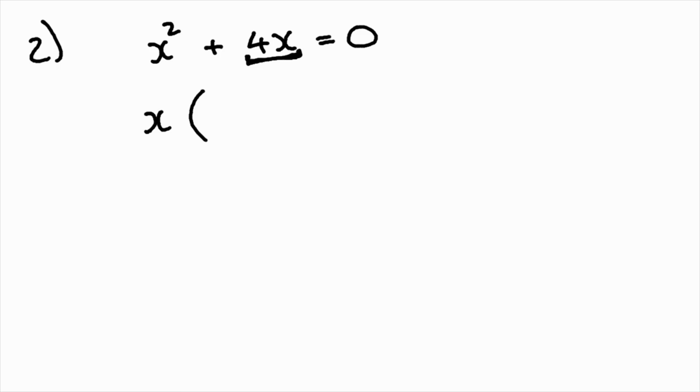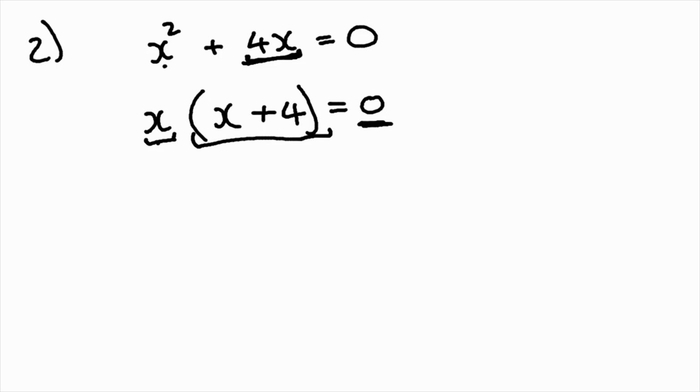So what multiplied by x gives us x squared? What multiplied by x gives us 4x? Plus 4. And this equals 0. Now, how has that helped us? Well, we know that if we want something equaling 0, one of these two parts has got to equal 0.